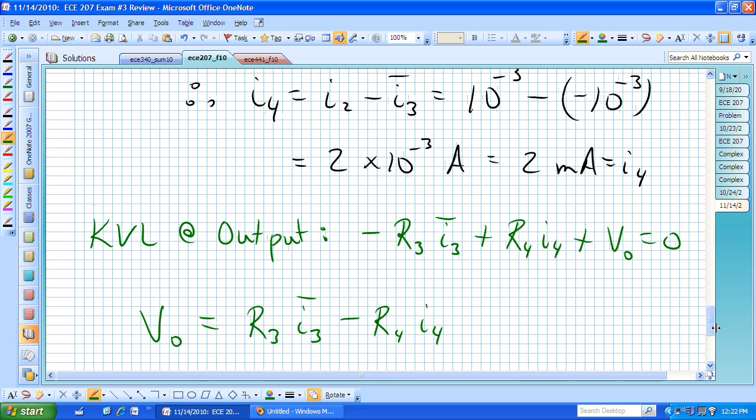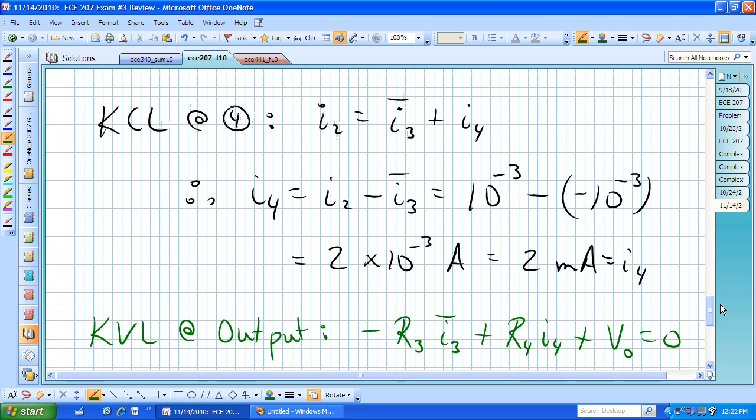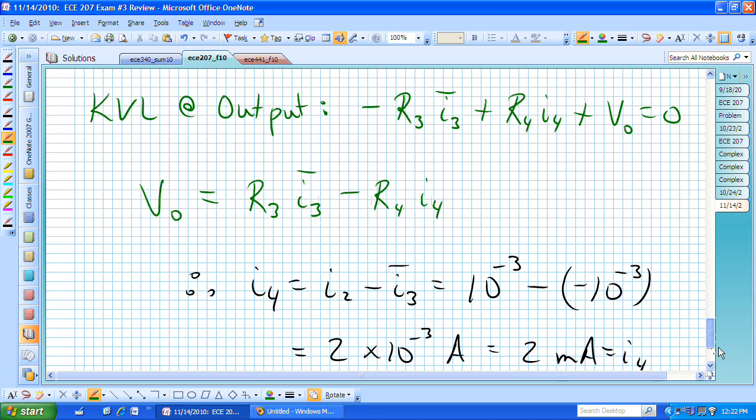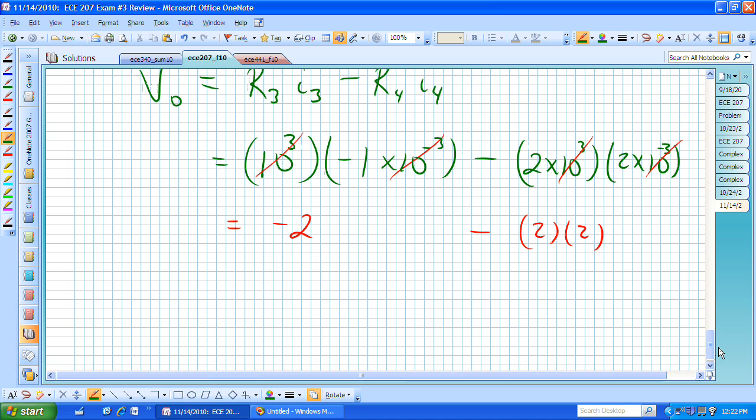Let's go back and make sure that's correct. I sub 3 bar was minus 1 milliamp, not minus 2. So now if I make that correction, I end up with a value of minus 1 here, and I have a minus 4 there, or I now have V naught is equal to minus 5 volts.